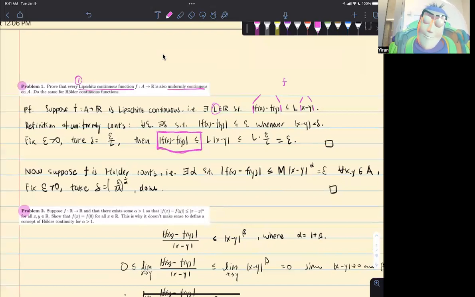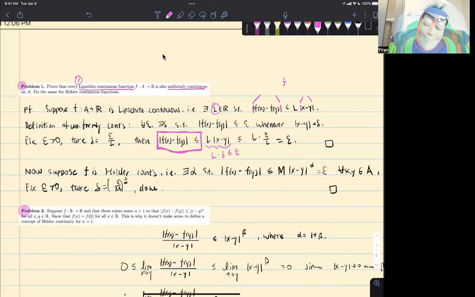And therefore, this gives you a hint, right? If we set delta to be, so you want L times delta to be smaller than or equal to epsilon, right?